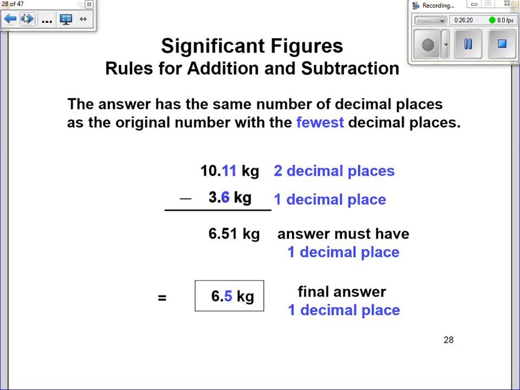Due to subtraction, 6.51, I have to go to just 1 decimal place, because this is 1 decimal place, I end up with 6.5. Okay? So let's try one.